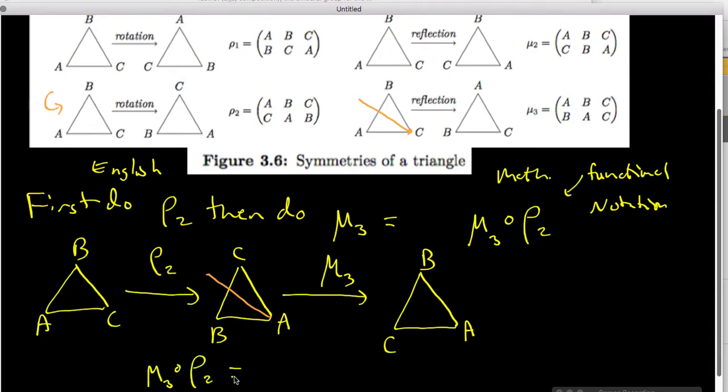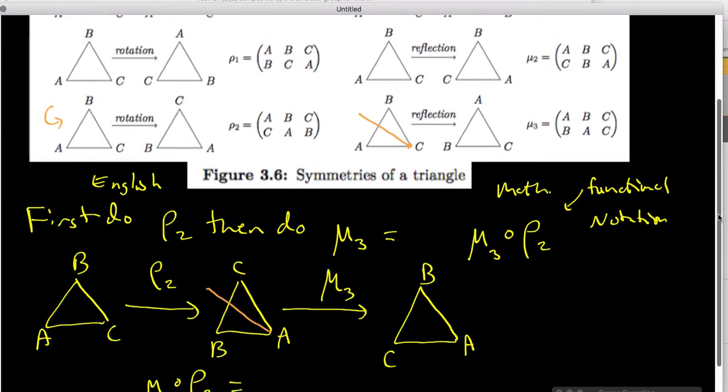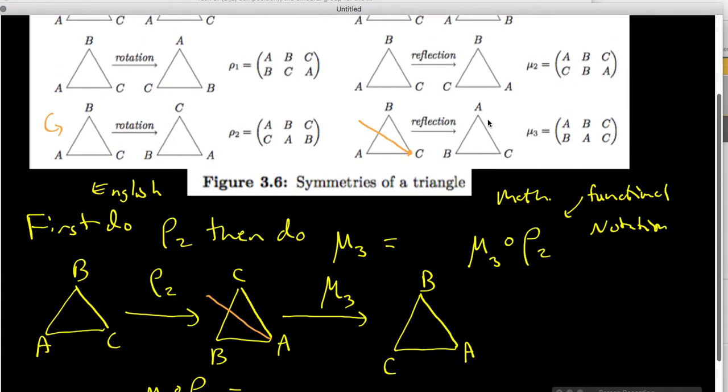But the question is, what is this in terms of my symmetries? So I have to go up and look, and I realize this particular picture here is exactly this particular picture here. In other words, this answer is the mu2 reflection.